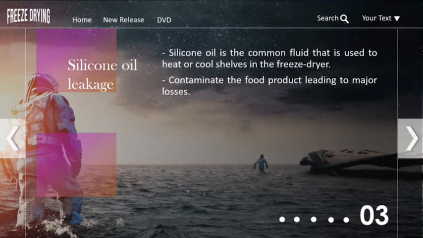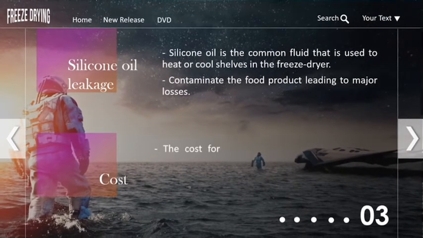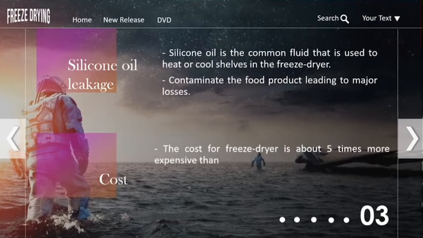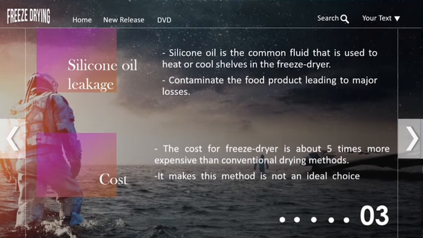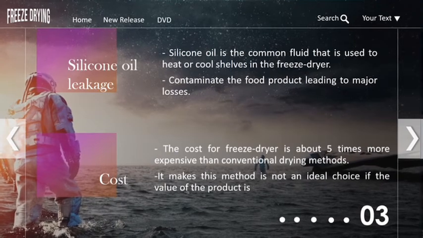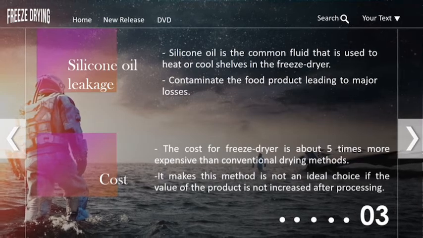So, silicone oil leakage can contaminate the food product leading to a major loss. Next is cost. The cost of freeze dryer is about 5 times more expensive than conventional drying methods. It makes this method not an ideal choice if the value of the product is not increased after processing.